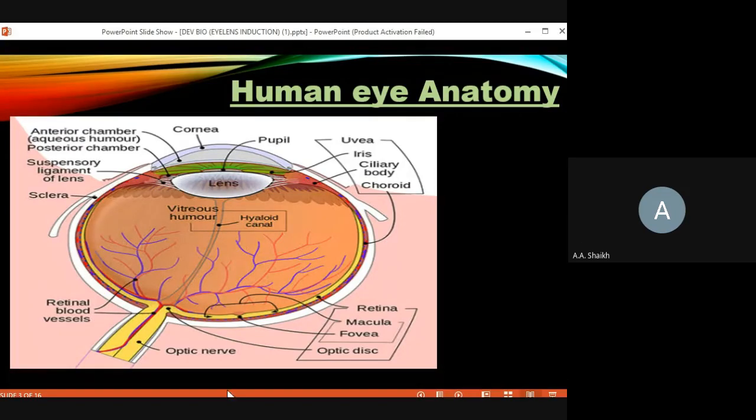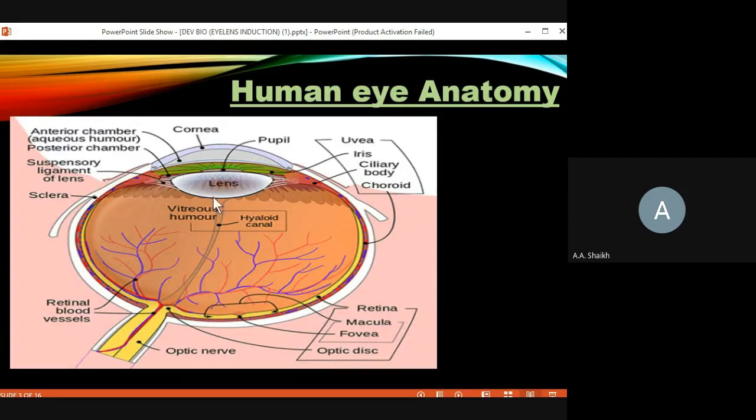these ciliary bodies take the help of the suspensory ligaments of the lens. These suspensory ligaments help the ciliary bodies hold the complete lens. So for holding the lens, two portions work together: the ciliary body as well as the suspensory ligaments of the lens.